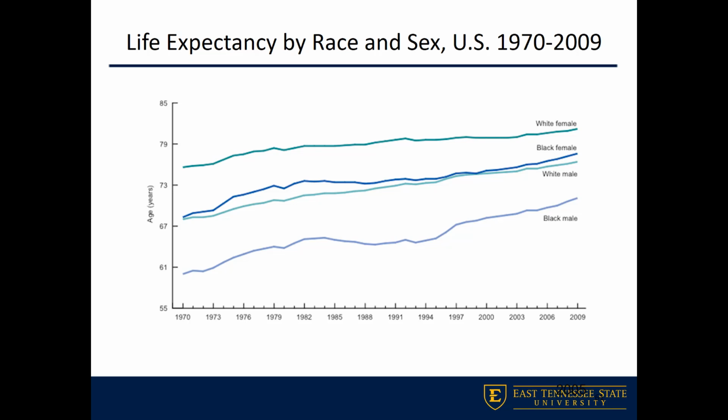So what's one of the drivers for men having a lower life expectancy has to do with what we saw in the leading causes of death by age. So that first group of 1 to 24-year-olds, accidents was the largest cause of death.